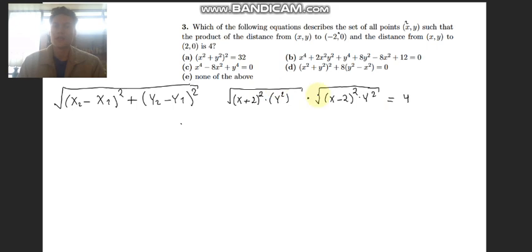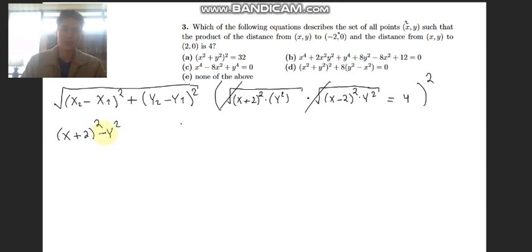Now, because this is multiplying, we can square the whole equation to eliminate these square roots, and we end up with this: (x plus 2) squared plus y squared.